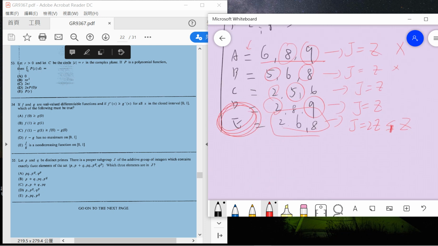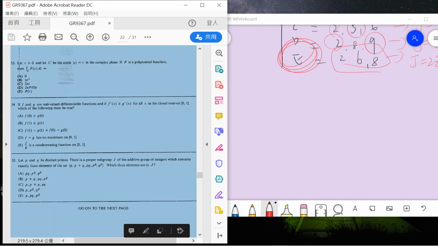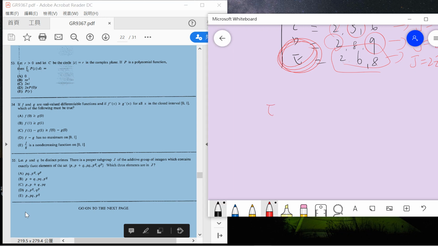Okay, so once we have done a special case, then you know how to solve it in general, because we have P and Q. For the first option, P to the Q and Q to the P will be co-prime. For the second, P plus Q and Q to the P will be co-prime. For the third, P and P plus Q will be co-prime, and for the first one, P and Q to the P will be co-prime.